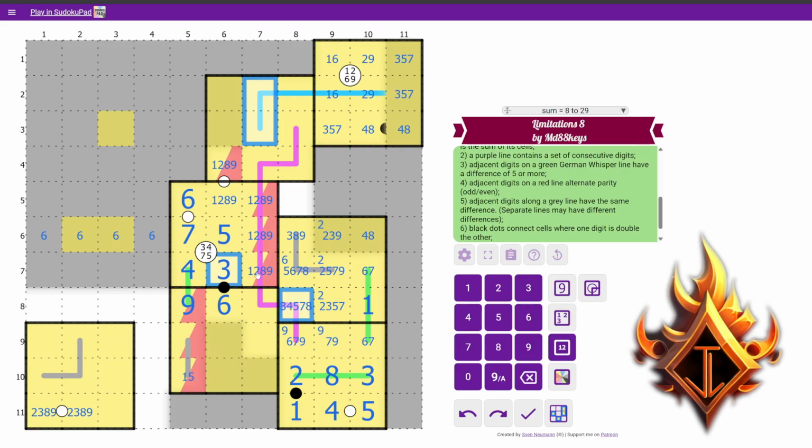If it is a 5, it does have to. If it is a 3, a 5, only if it's a 3 or a 5 does it have to. Is that right? I do think that is right. Seven could go there. 8 could go there.